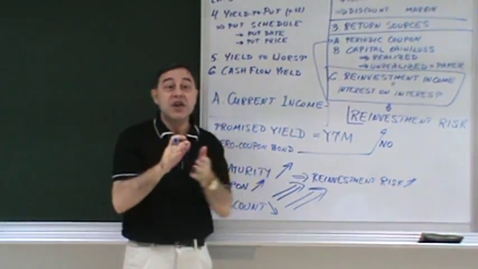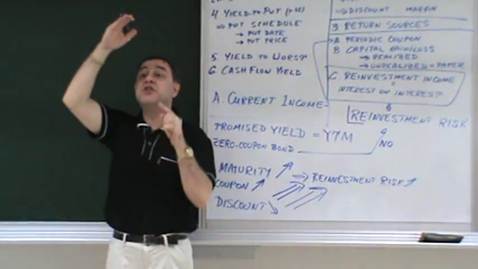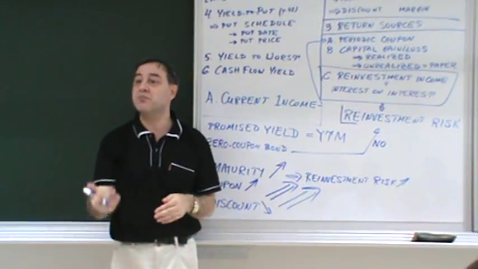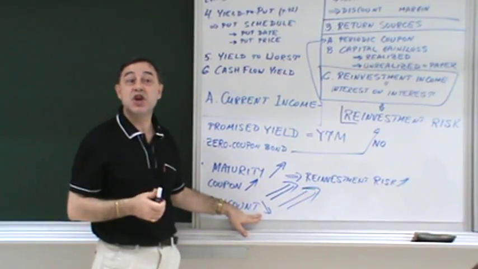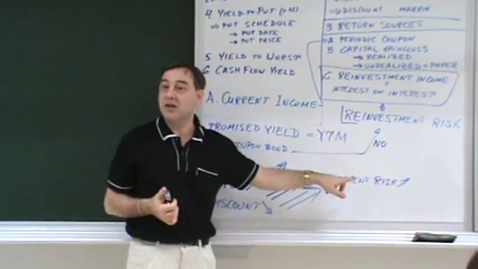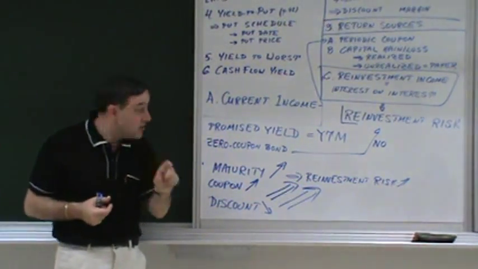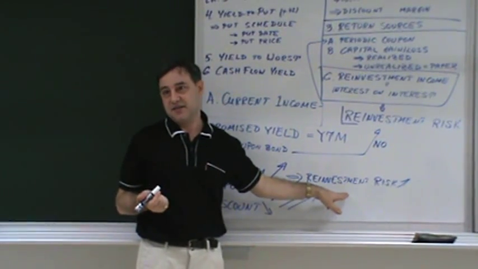So if you have a huge discount, you get a guaranteed return, but you don't reinvest it, because the discount bond does not bring cash flow in the meantime. So if the discount is huge, the reinvestment risk is small. The opposite, if the discount is small, the reinvestment risk is high.